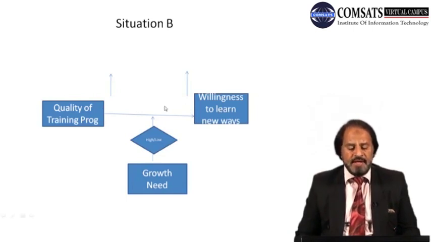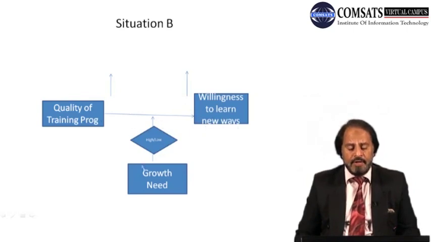In situation B, we are saying in our theory that the more the quality of the programs is, the more willingness for new ways will be seen in an organization. But they said just having good quality programs does not necessarily convert into new ways of learning. That is, if we have good quality trainings, it does not mean that people will automatically start doing the new ways or learning new ways.